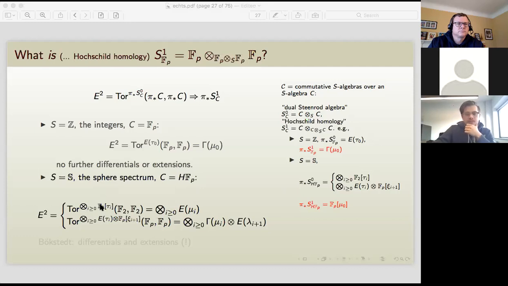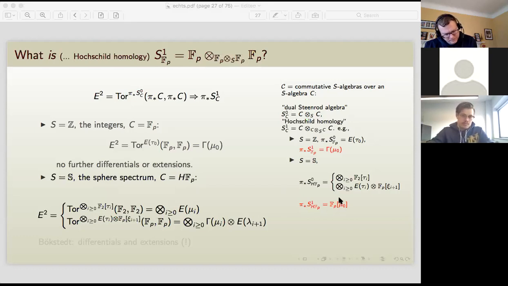And again, you can just sit down and calculate the Tor of a polynomial algebra, and out pops an exterior algebra, square zero. And in the case p odd, we have both exterior and polynomial generators, which Tor then just translates to divided power algebras and exterior algebras. And that's it. So this is totally algebra. There's nothing spooky going on.